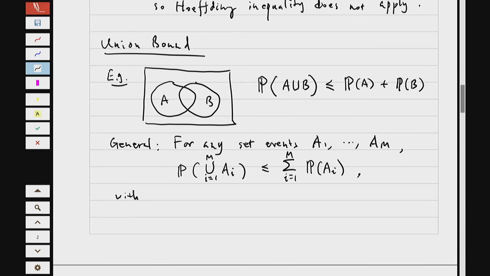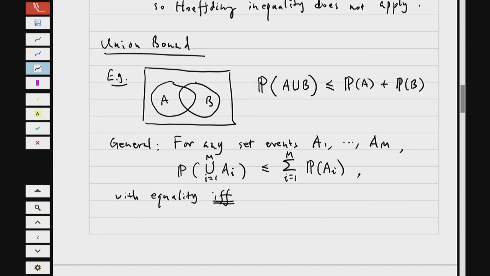And we can say one more thing. When is this inequality exact? When do we have equality? Well, it turns out it's an if and only if condition. They are mutually exclusive, or in other words, they don't overlap at all. It should be very clear from the example with two events.